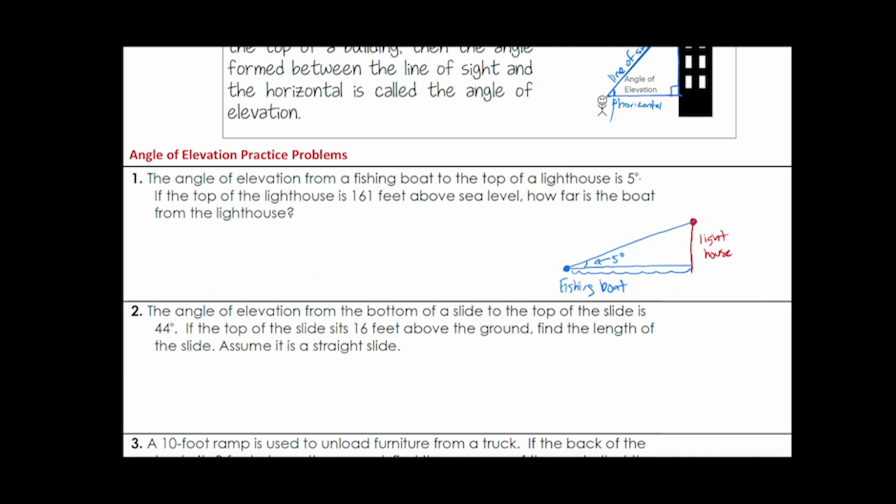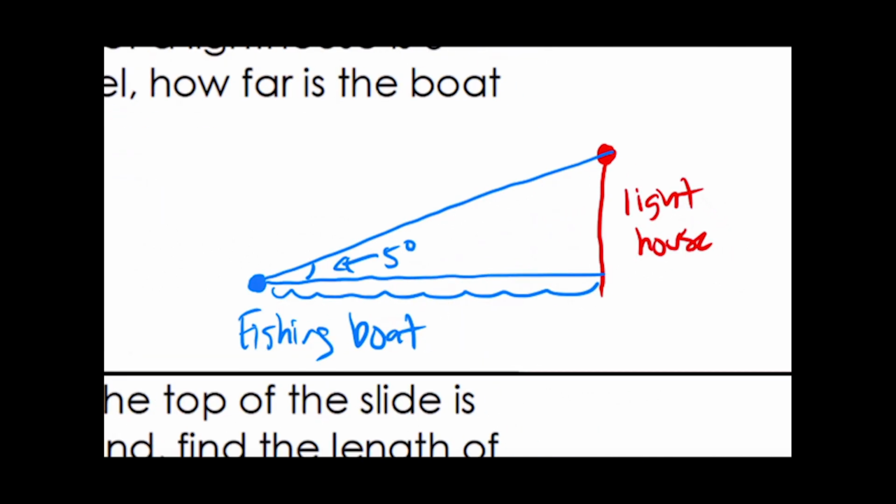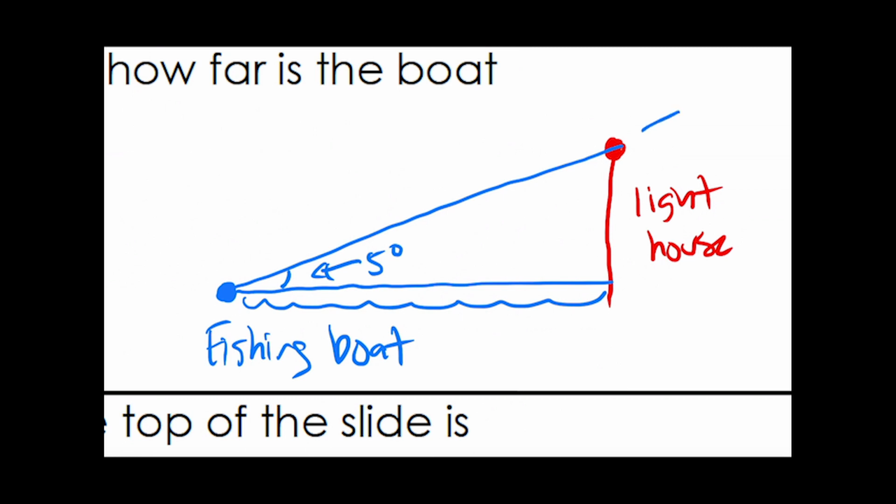I have one measurement, so I need one other. Hopefully they gave that to me. The top of the lighthouse is 161 feet above sea level. This is the top of the lighthouse, and sea level is the water. So it's 161 feet above that, which means this must be 161 feet.